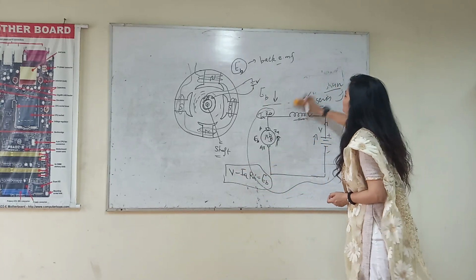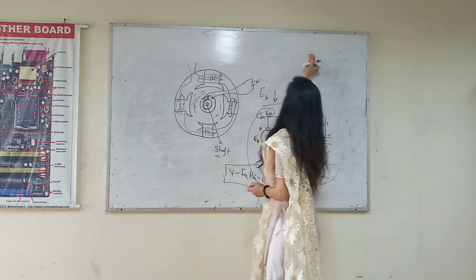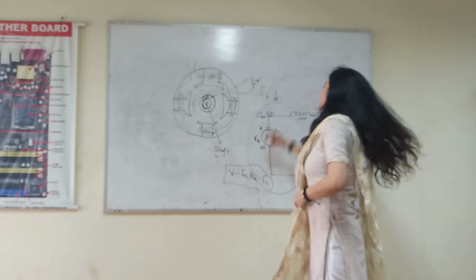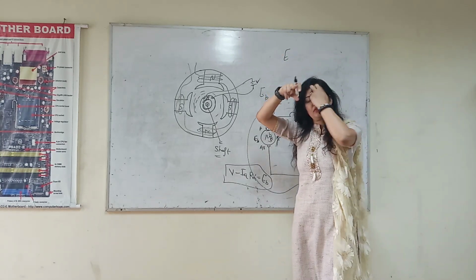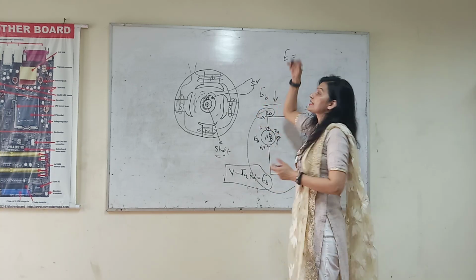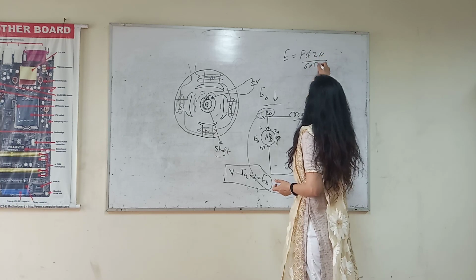Now just go back to the previous formula of the magnitude of induced EMF. What was that? Go back to chapter two, in which we discussed that E is equal to PφZN/60A.